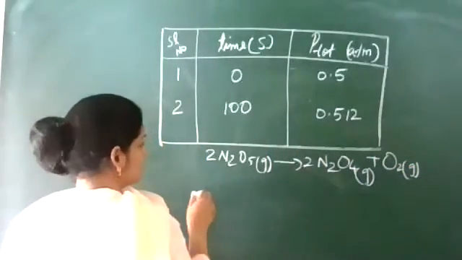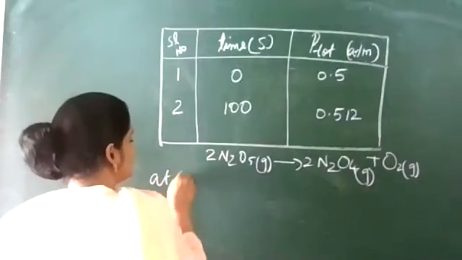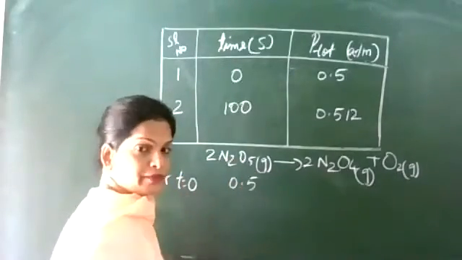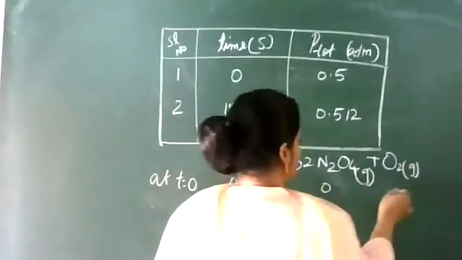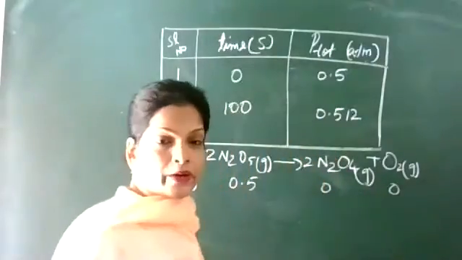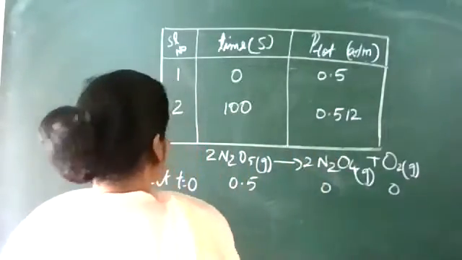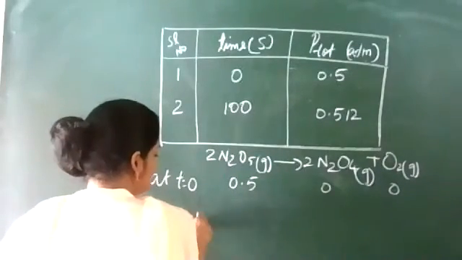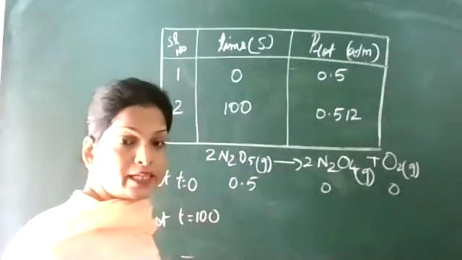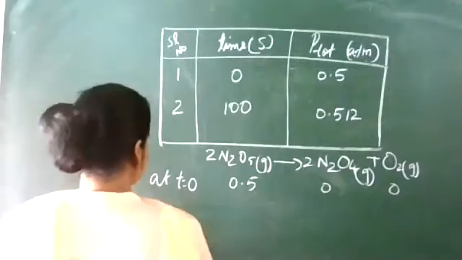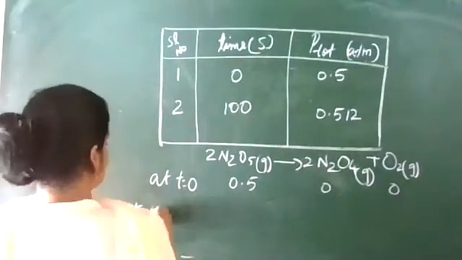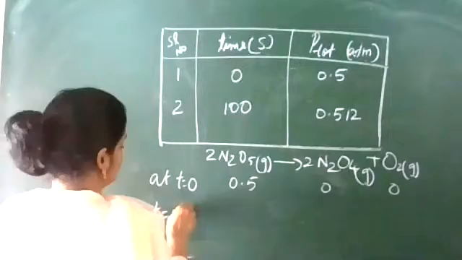Initially, at t equal to 0, the pressure is 0.5 atmosphere, and no product is formed. But after a time, at t equal to 100.